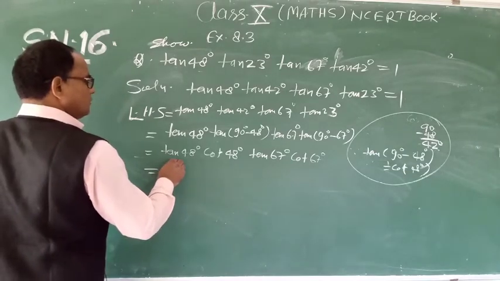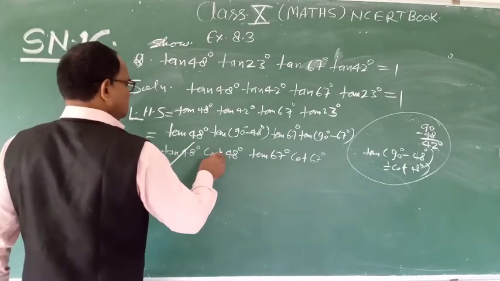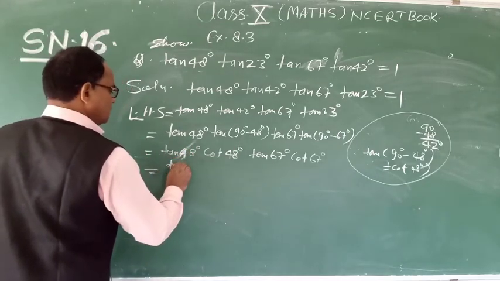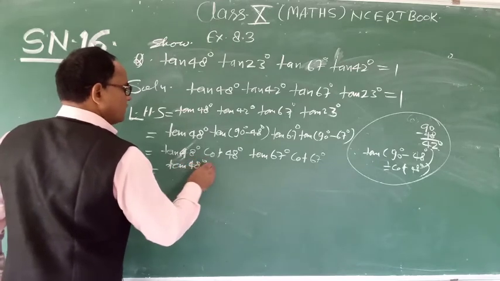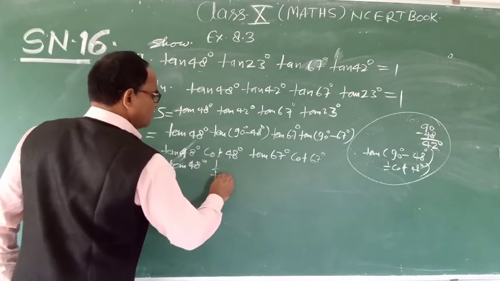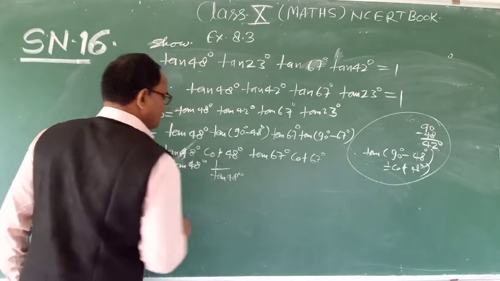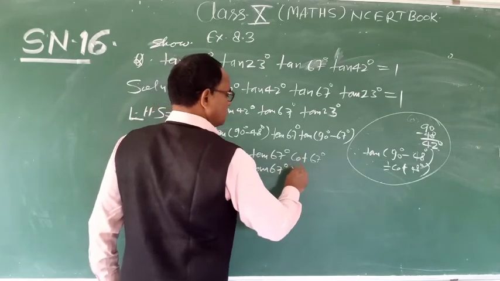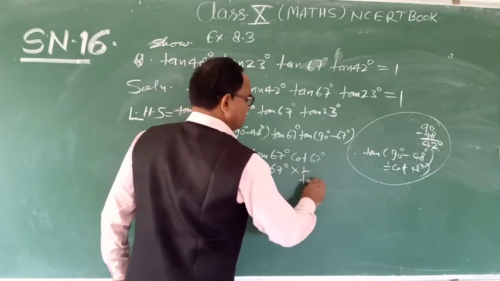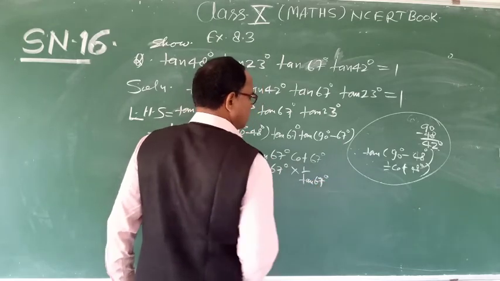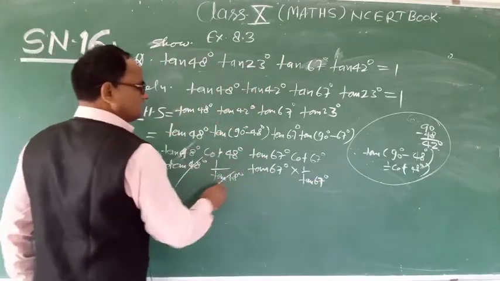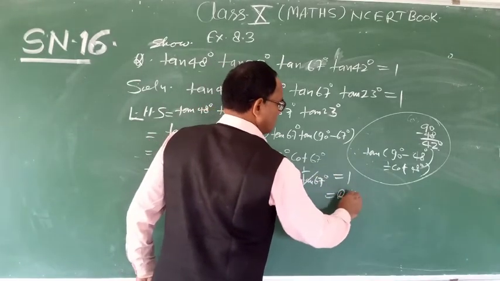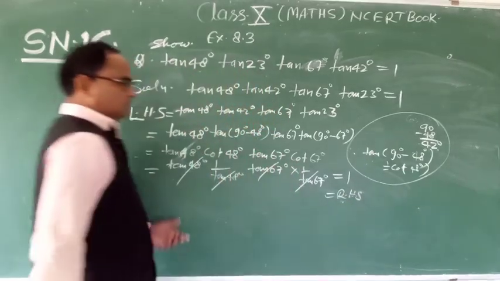Here this cancels this, because we can also write its opposite, tan 48 degree. And here tan 67 degree, its opposite 1 by tan 67 degree. Okay student, here this cancels this and this cancels this, we get equal to 1, equal to RHS.